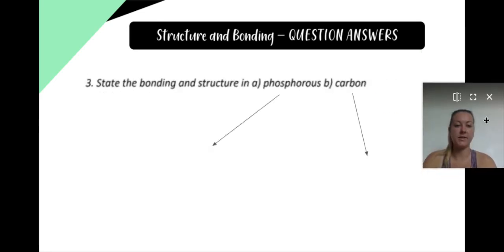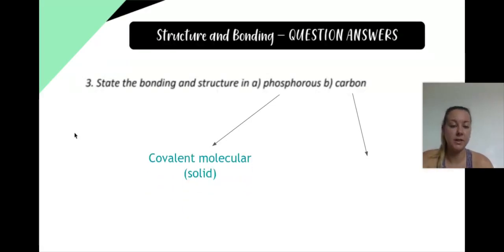Next one is state the bonding and structure in A, phosphorus, and B, carbon. Now, phosphorus is one of our covalent molecular solids. We just have to remember that. Remember, it's your P4 molecules, and they exist as solids at room temperature.